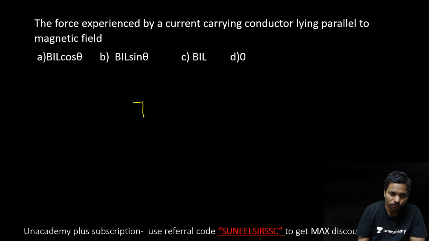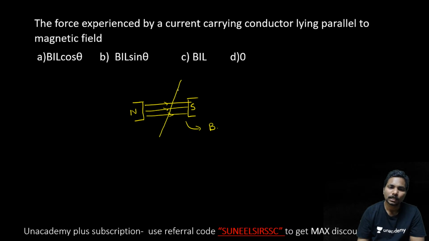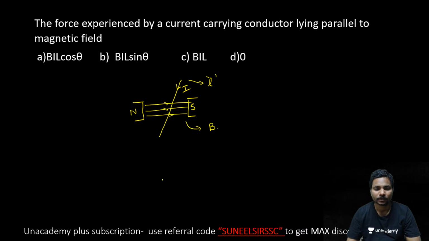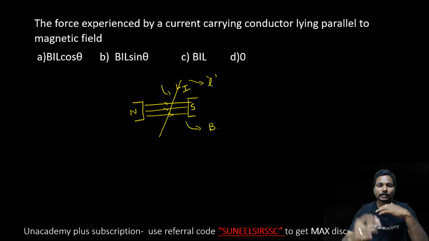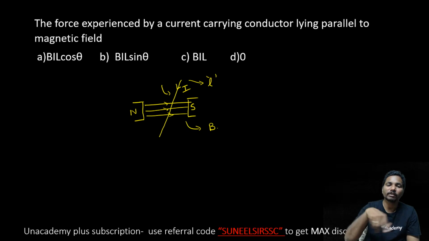If we have a magnetic field with flux density B, and a conductor that is carrying current, with length of the conductor L, then according to the Lorentz force equation, whenever we place a current carrying conductor in a magnetic field, the conductor will experience a force, and due to that force it will be rotated.